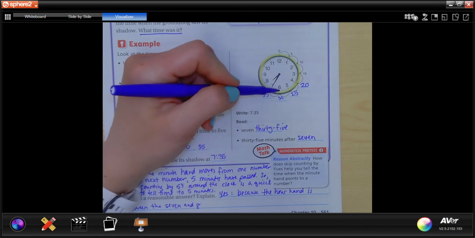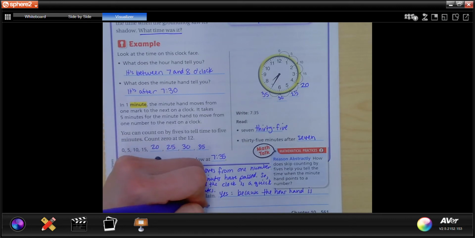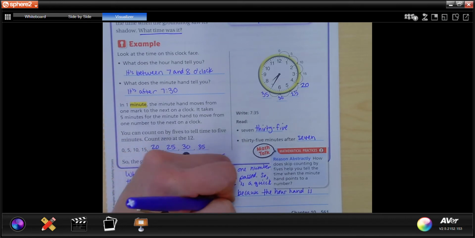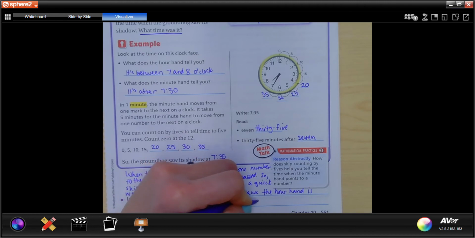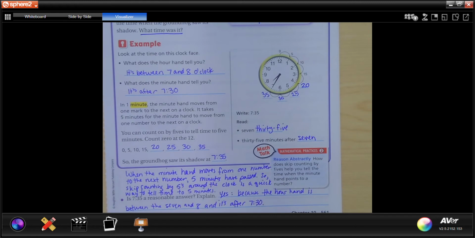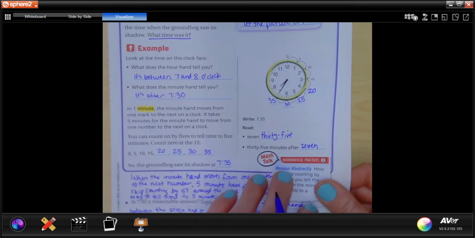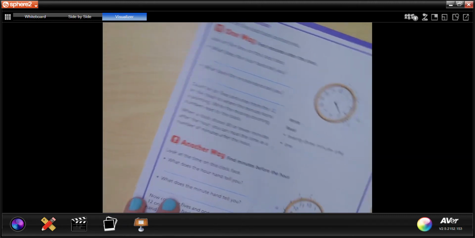And we know that it's after what? It's after 7:30. Okay. If you need to pause to write it down, feel free to do so now. We're going to move on to page 562.